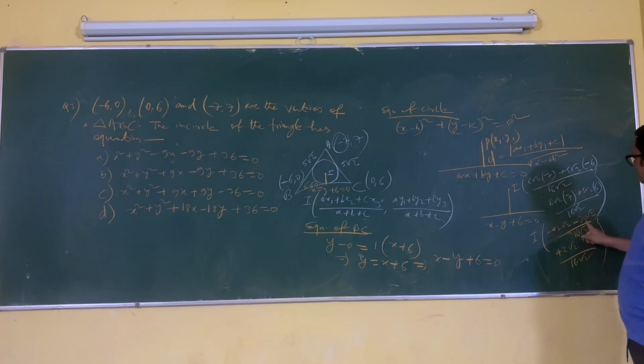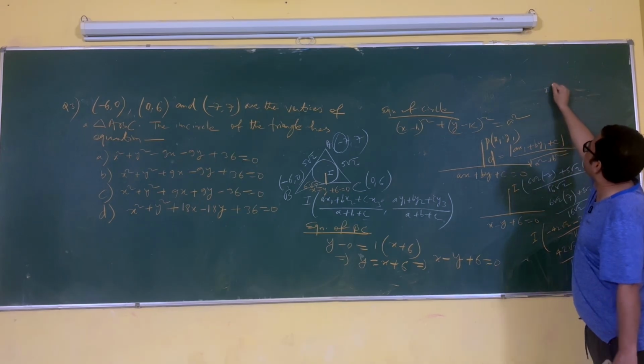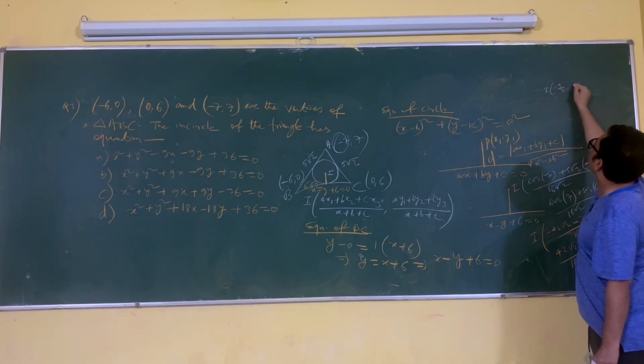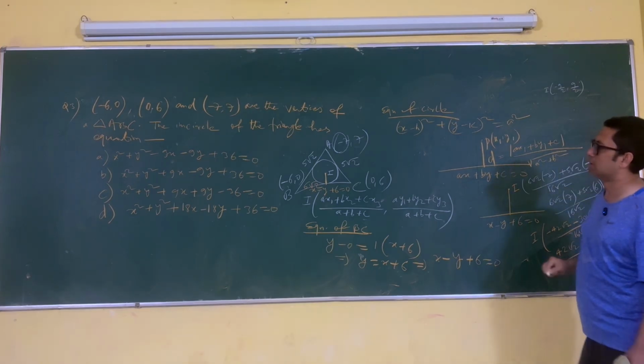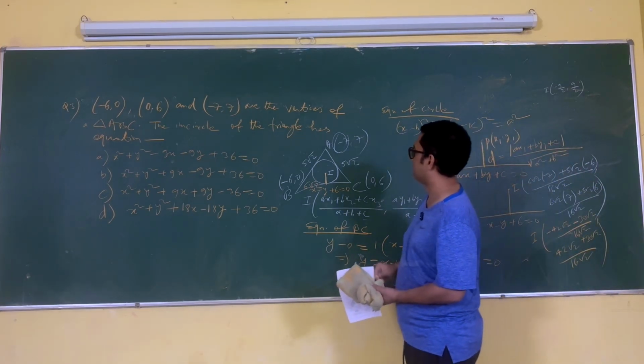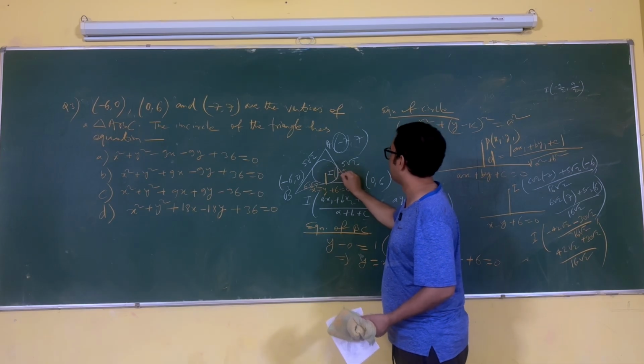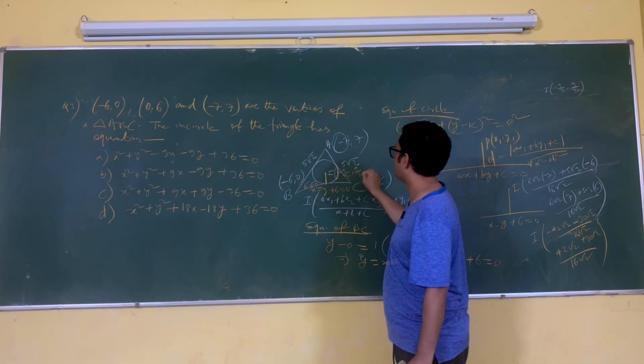So it would be 72 root 2, and this root 2 will get cancelled. 72 means 9 8s, so 9 upon 2, so it will be minus 9 upon 2 and 9 upon 2. This is your in center, minus 9 upon 2 comma 9 upon 2.